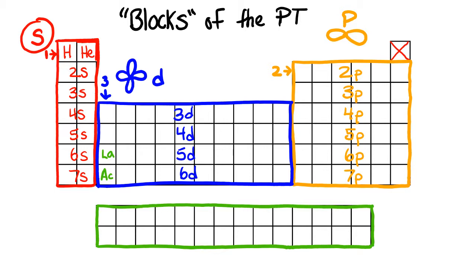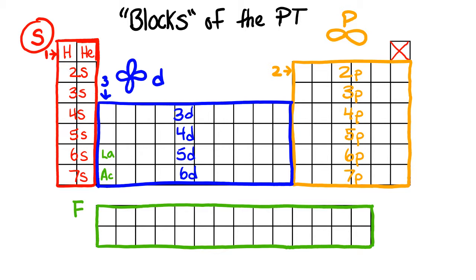With this being the F block, it has shapes that are too complicated to draw, and most of the time when you do electron configurations, you might identify F block elements, but in a standard high school chemistry course, and even in college and AP chemistry courses, rarely will you have to give configurations for F block elements.